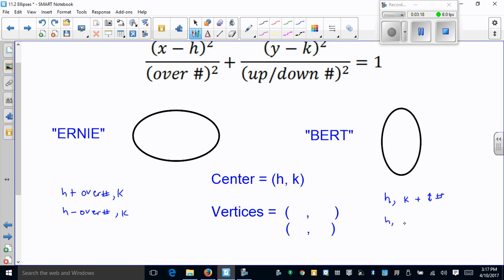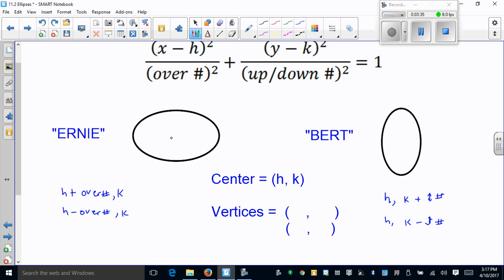Because your H values aren't changing, your Y values are going this way. Same thing over here, your K value is not changing because you're moving on the X's, not on the Y's. So that's how the vertices are.